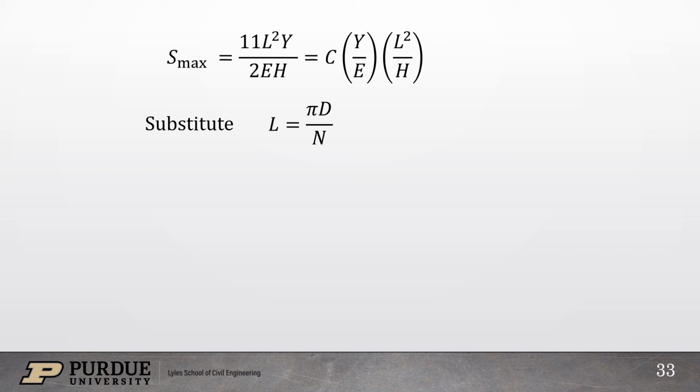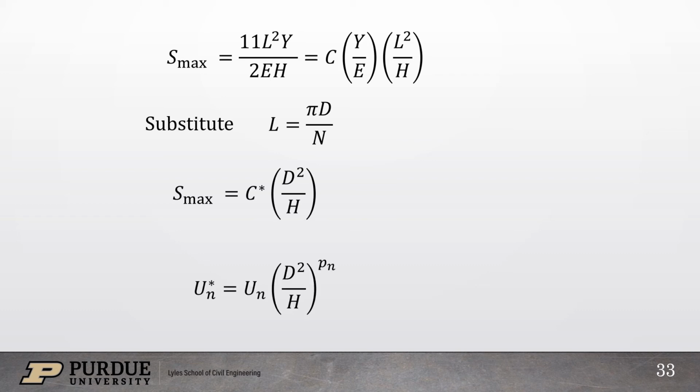Upon making that substitution and simplifying, the equation looks very similar to what we obtained from our analysis. D square over H is the geometric ratio multiplied by a coefficient. However, the key difference is that this coefficient keeps changing for each harmonic component and is not the same for all the components, and so does the power for D square over H, or the geometric ratio.